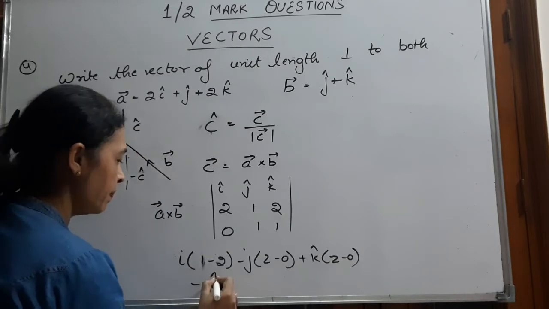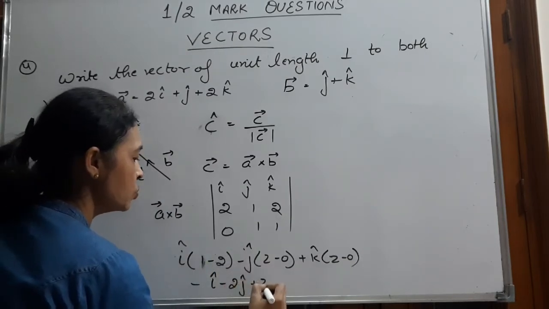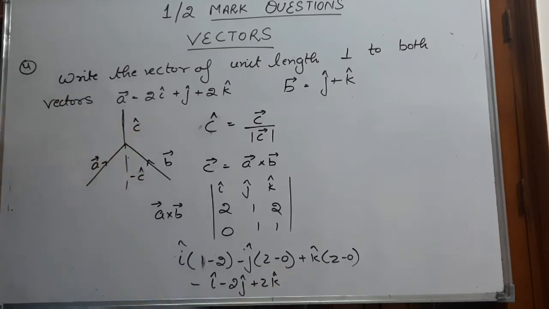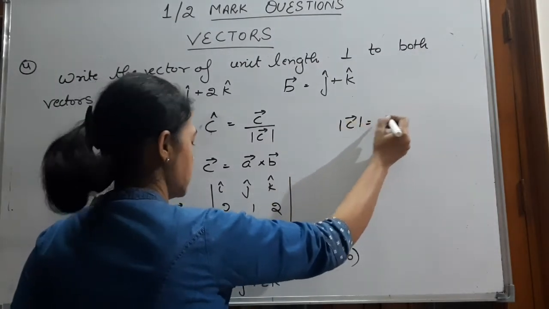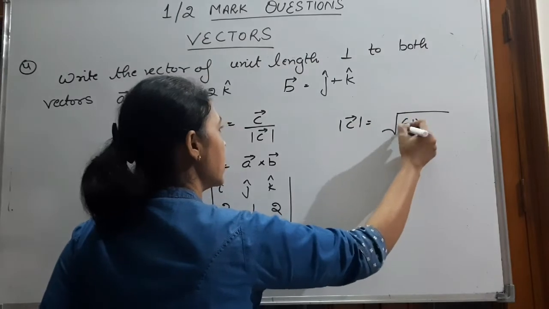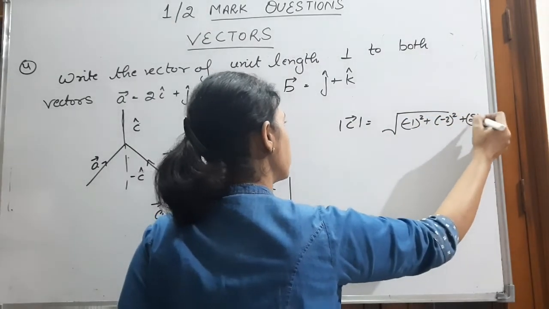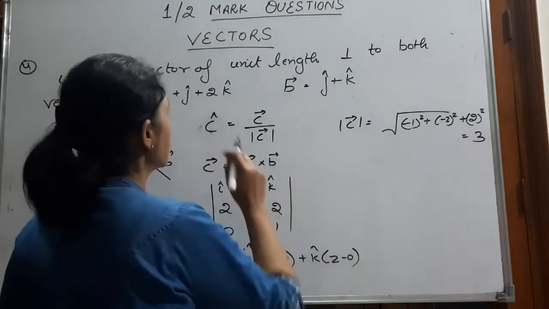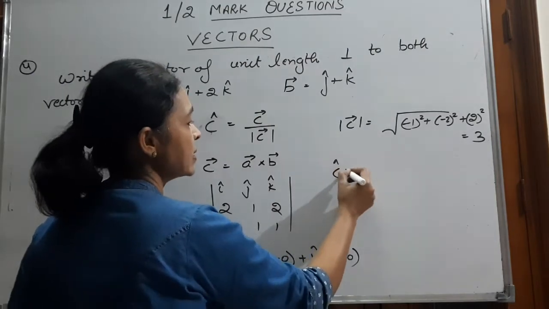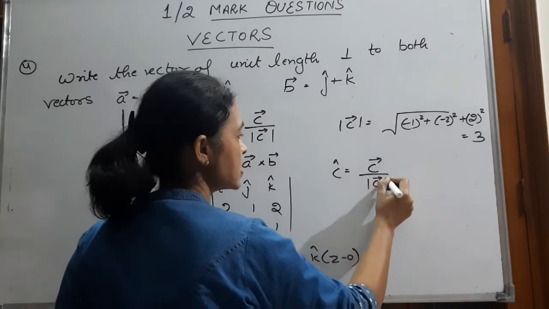We have minus I cap minus 2 J cap plus 2 K cap. This is vector C. We have to find a vector of unit length. Magnitude of C is root of minus 1 square plus minus 2 square plus 2 square, that is 3. Magnitude is always positive. Therefore, a vector of unit length is C cap, vector C upon magnitude of C.